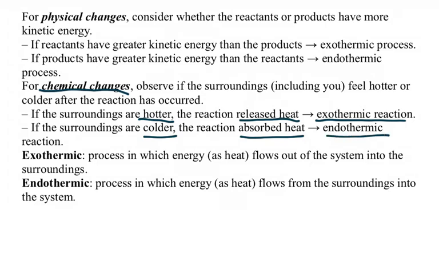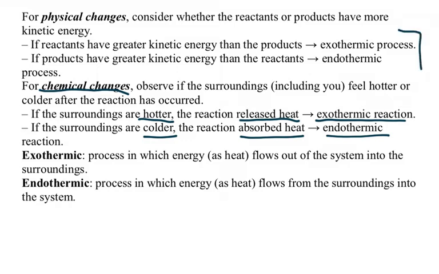So exothermic is a process in which heat flows out of the system and into the surroundings. Heat is going outside, it's exiting. And endothermic, endo means going in. That would be a process in which heat is flowing from the surroundings into the system. When we say the system, that could be a beaker, a test tube, wherever the reaction is taking place.